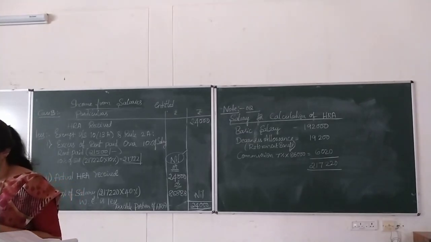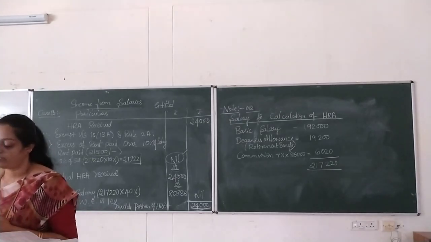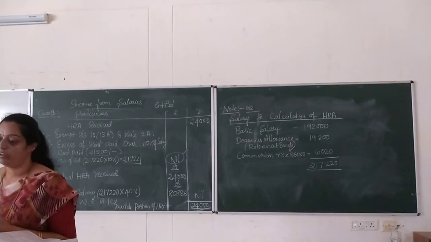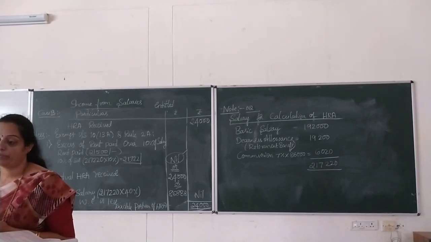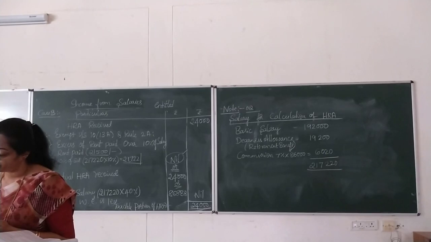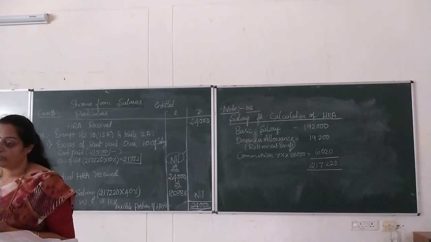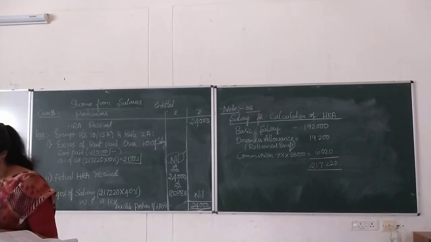Next point, besides, he receives HRA of rupees 2,000 per month. He paid rent of rupees 3,400 per month.